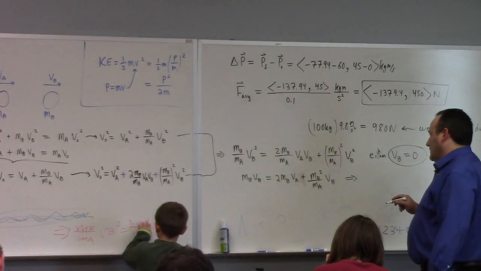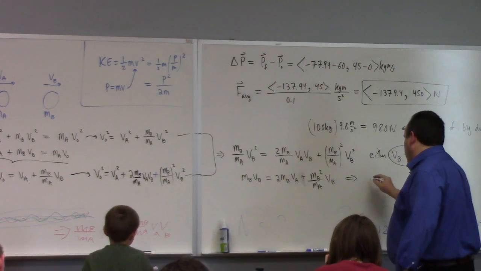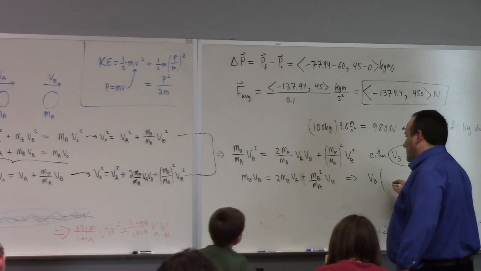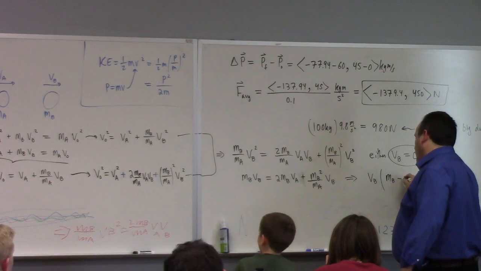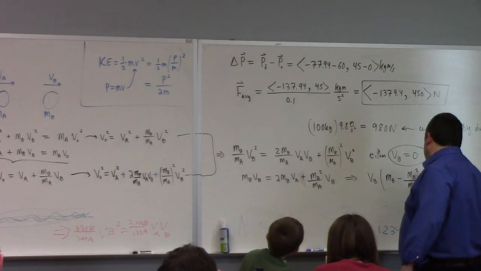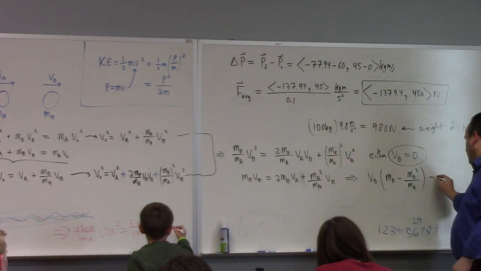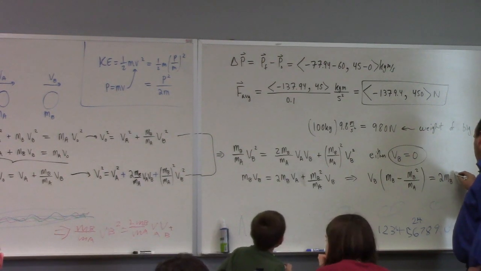All right, so I've got VB times, let's say, MB minus MB squared over MA. That's my VB terms, and that's equal to 2 MB VA.